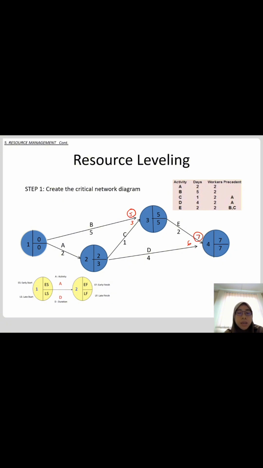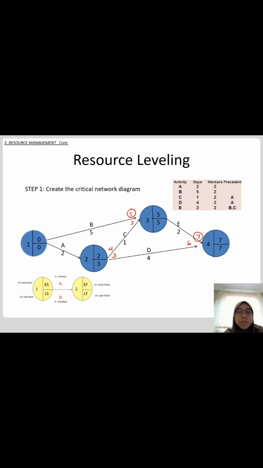In the backward pass, 7 minus 2 is 5. 7 minus 4 is 3. But you need to choose between C and D, so here is 3. And 5 minus 1 is 4. So here is 4.